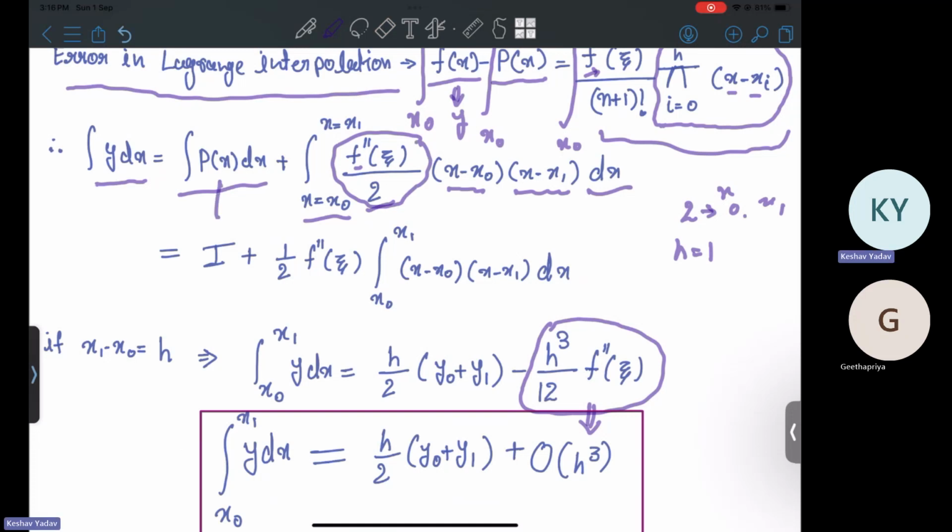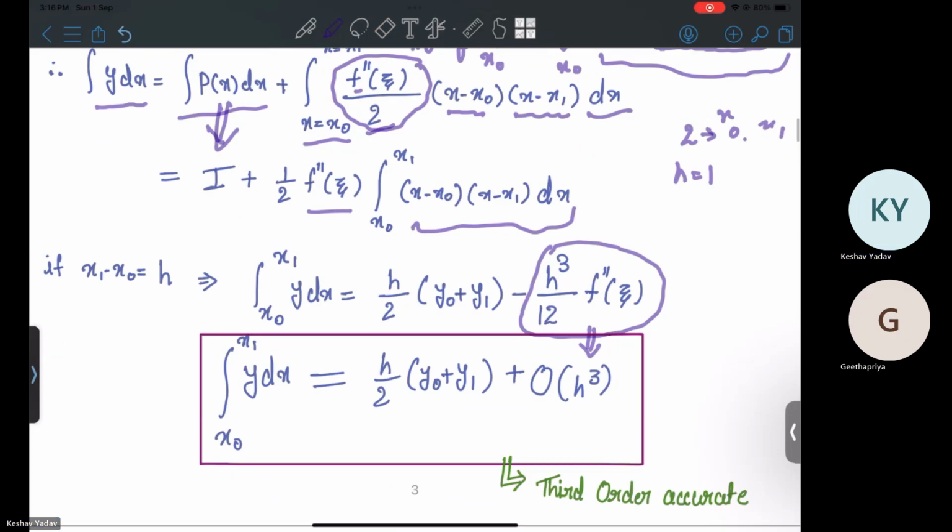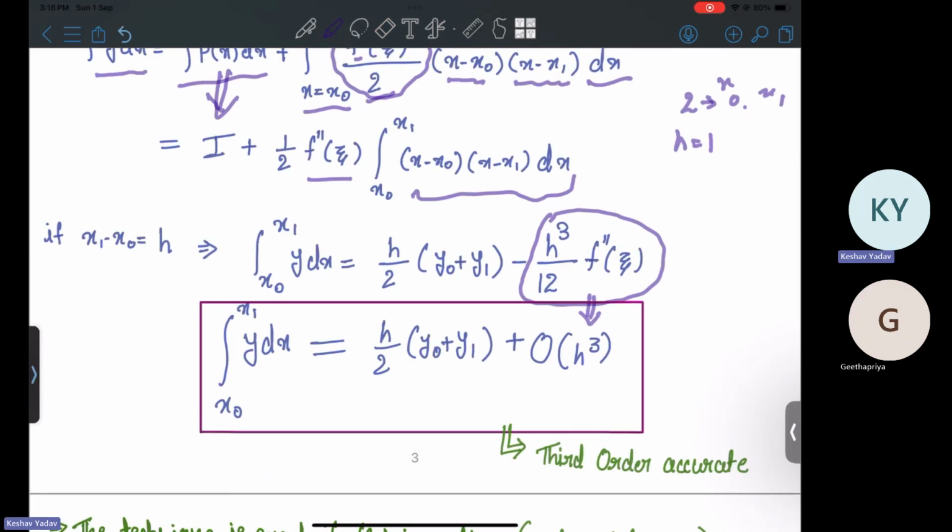So this is the numerical integration that we are finding. This I plus 1 by 2 f double prime at some point xi, and this integral. If you integrate it and put x1 minus x0 equal to h, you will find this expression.